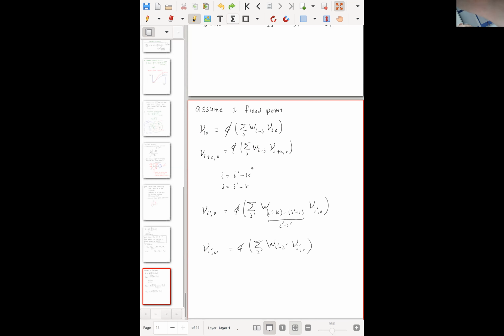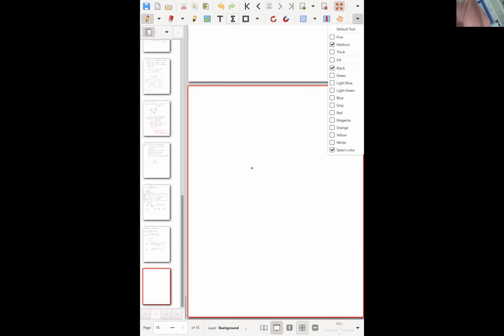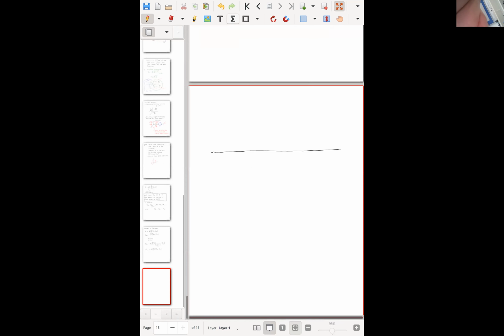So how do we interpret this? Very often, we're going to write on this axis the index i, and on this axis ν_i0.